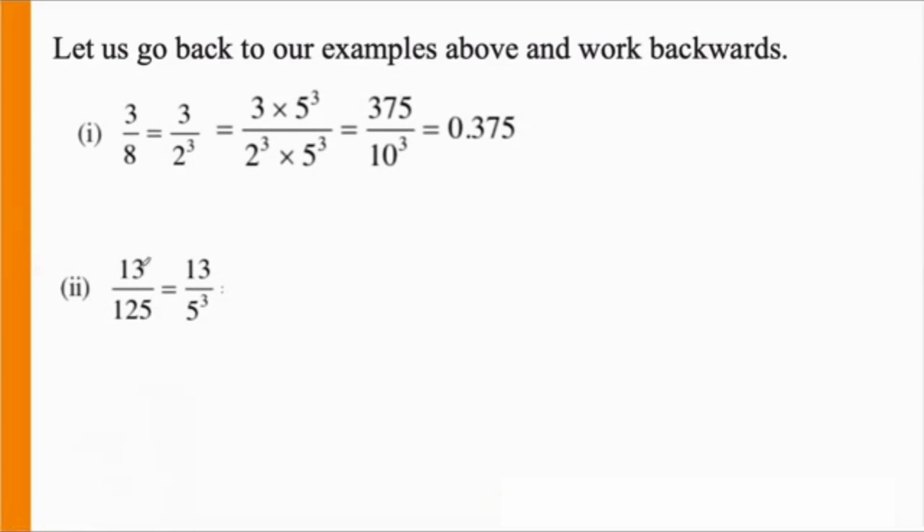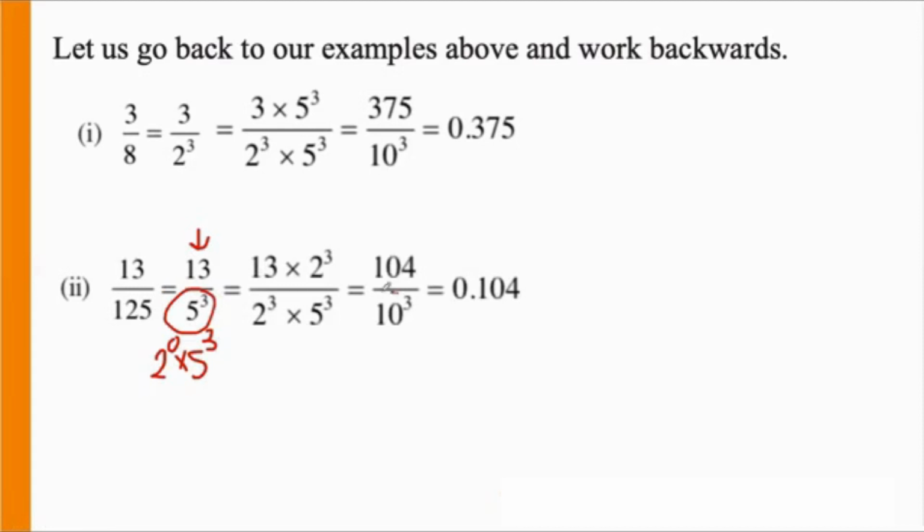Let's take another example, 13 upon 125. Now, it can be written as 13 upon 5 cube. Again, the denominator is in the form of 2 raised to n, 5 raised to m, 2 raised to 0 into 5 raised to 3 in this case. And therefore, I can conclude without even calculating the decimal expansion that it will be terminating, because I can make the denominator in the base of 10 by multiplying 2 cube in the numerator and the denominator.